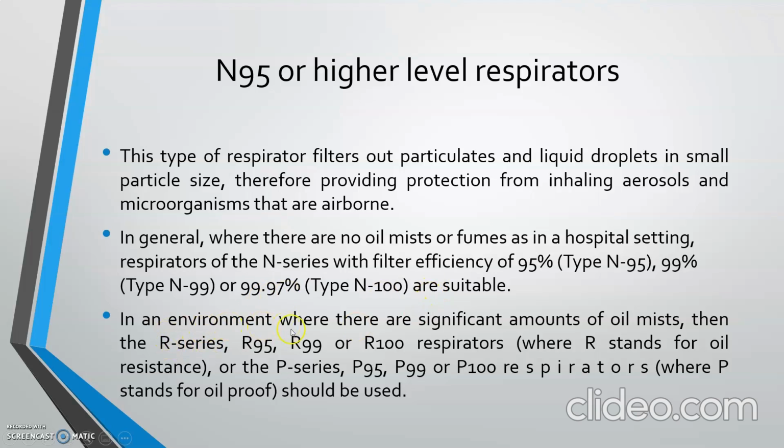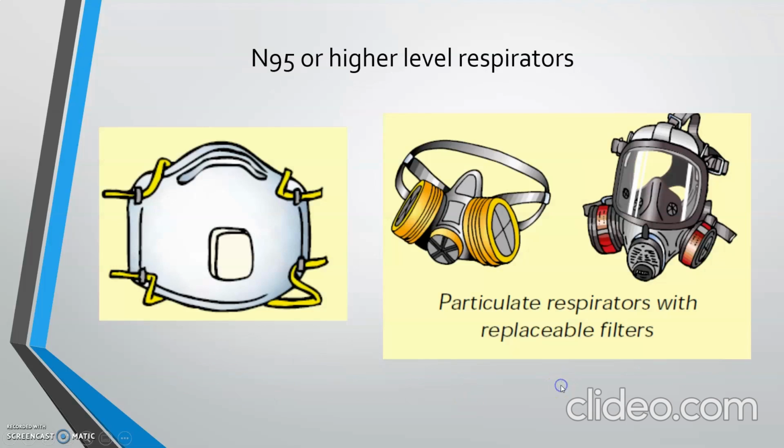In the environment where there is significant amount of oil mist, then the R series respirator, where R stands for oil resistant, or the P series where P stands for oil proof should be used. So this is an example of N95 or higher level respirators.